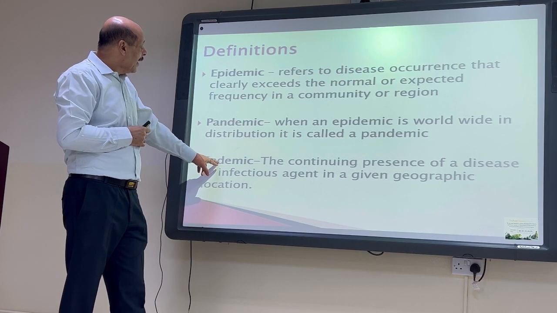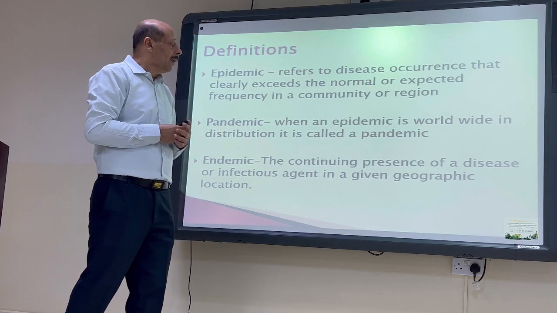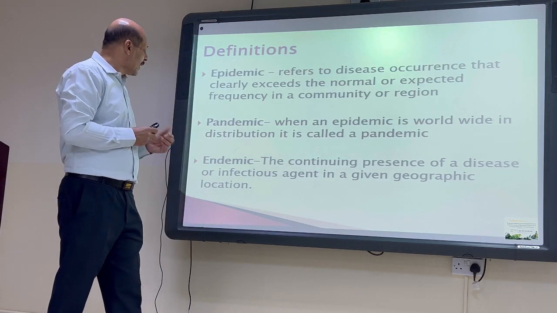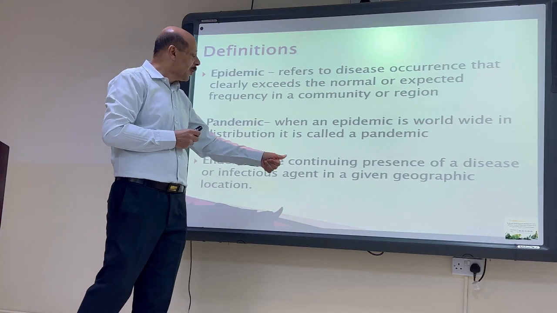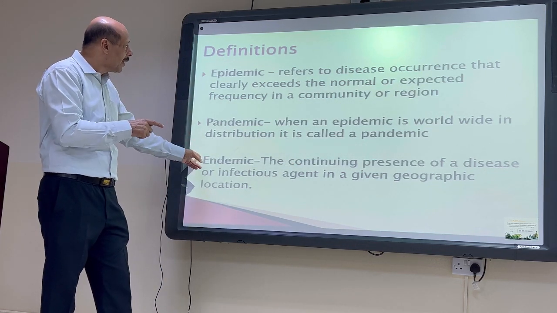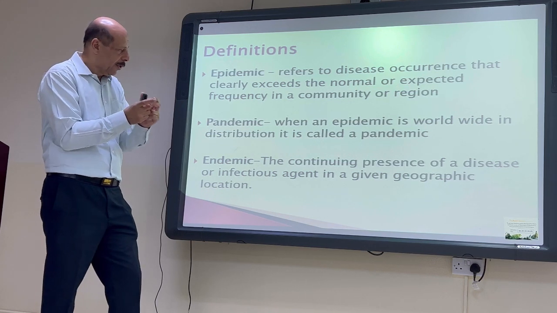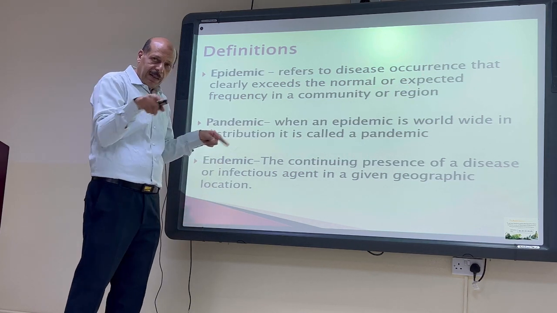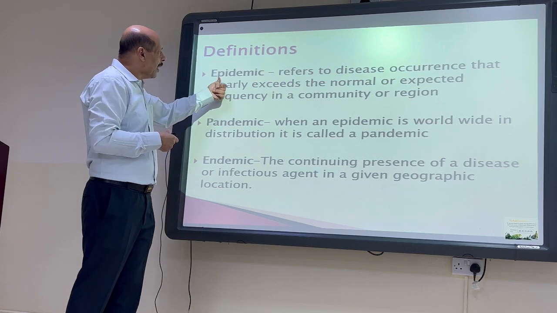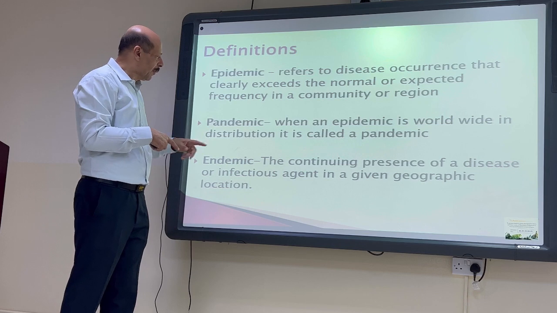Endemic is the continuous presence of a disease or infectious agent in a given geographical area. So endemic is within a small geographical area, smaller than epidemic. Epidemic is on a whole country or a whole community.